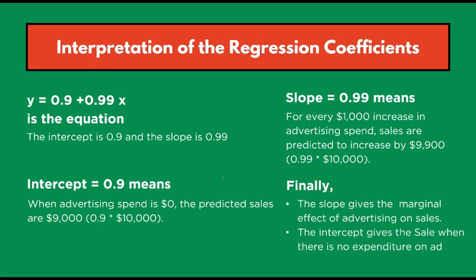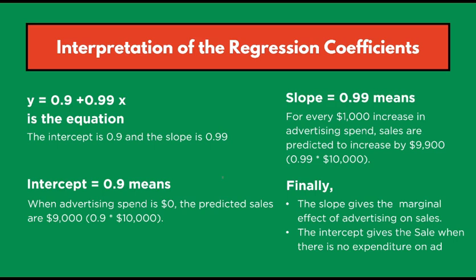Finally, the slope gives us the marginal effect on sales, that is, how much expenditure on advertisement influences the sale. The intercept gives us the sale when there is no expenditure on advertisement.